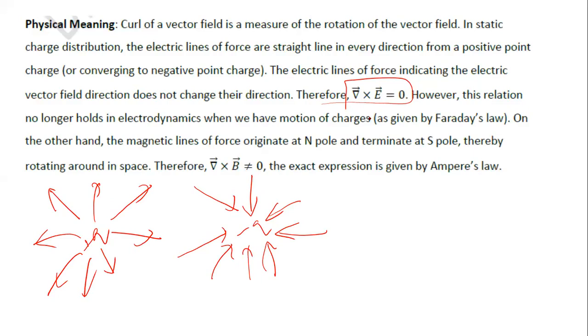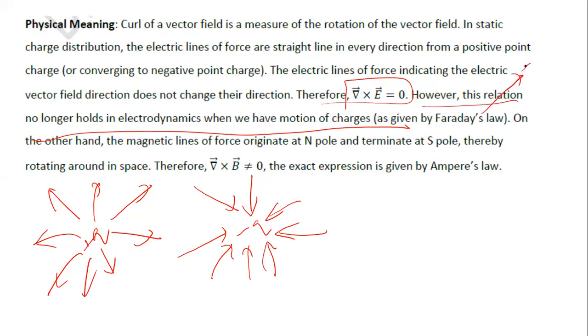Now, later on you will study Faraday's law, and you will find that curl of E is non-zero there. But in Faraday's law, curl of E is non-zero because the electric charges are not static. It is not an electrostatic situation; it is electrodynamics. The electrons are moving around, so curl of E will be non-zero.